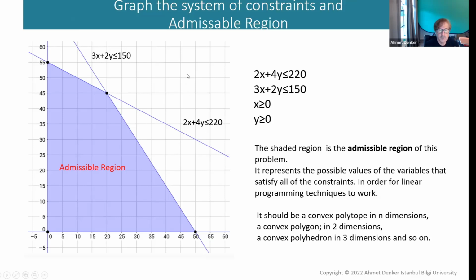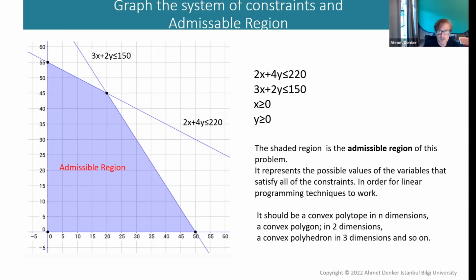Because of the inequality less than, I look only at this region, which is a finite region. If it were otherwise, I would have to deal with an infinite region. Of course, when the admissible region is an infinite region, I cannot talk about maximizing or minimizing it because it is infinite.